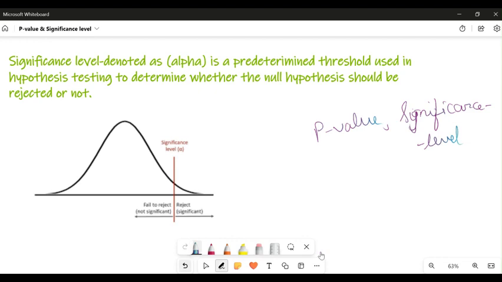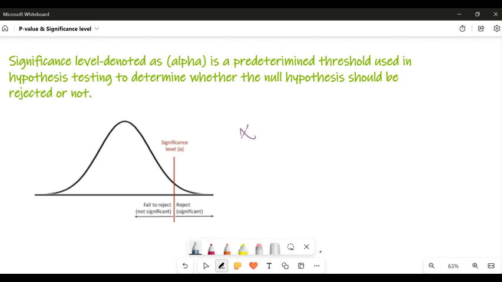So let's get started. First of all, let's understand the significance level, and then we will move to the p-value part. Significance level is denoted as alpha. It is a predetermined threshold used in hypothesis testing to determine whether the null hypothesis should be rejected or not. Here is the distribution.